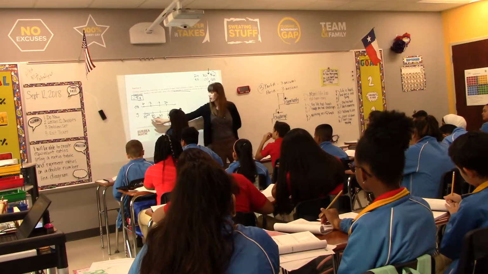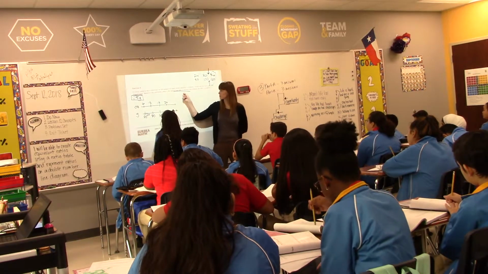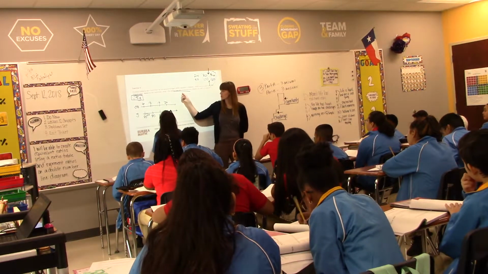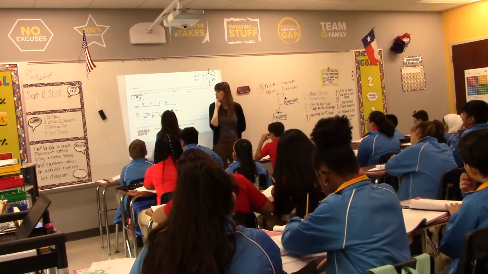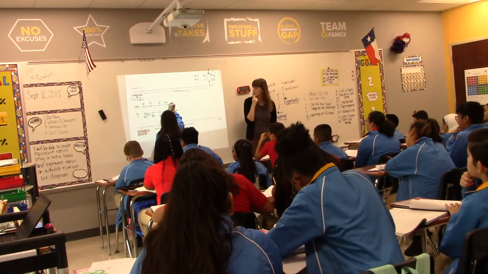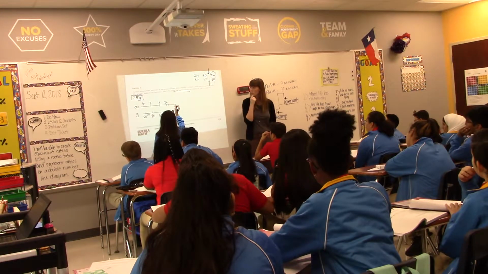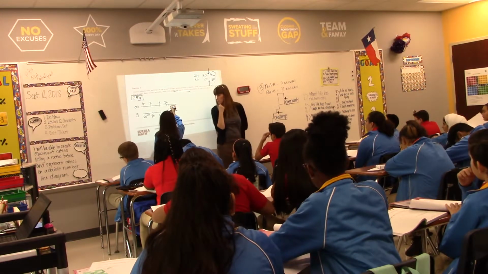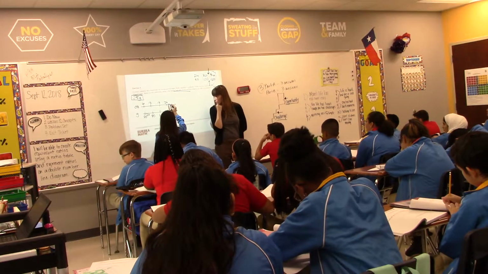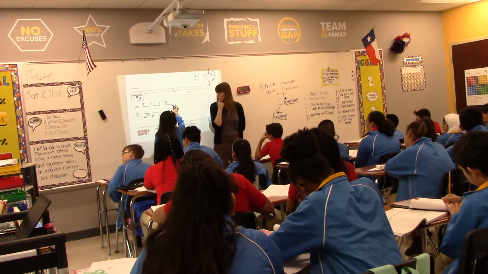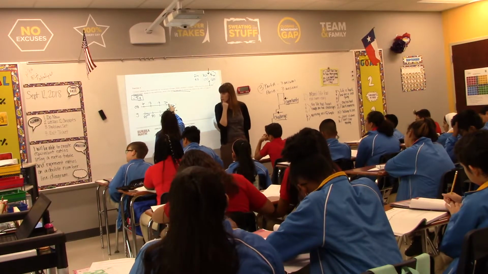So we found 25 grams of sugar here, but the question says, how many ounces of cola will that be? Are we looking for 25 ounces or 25 grams?